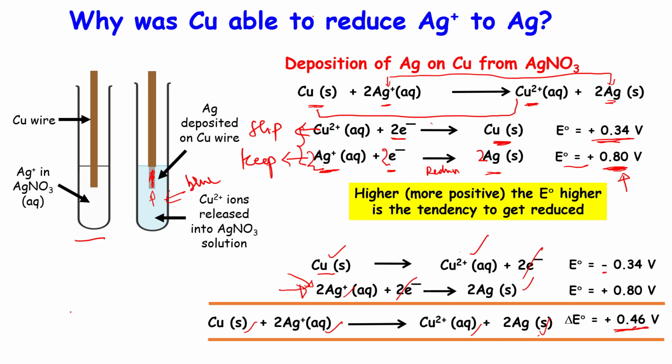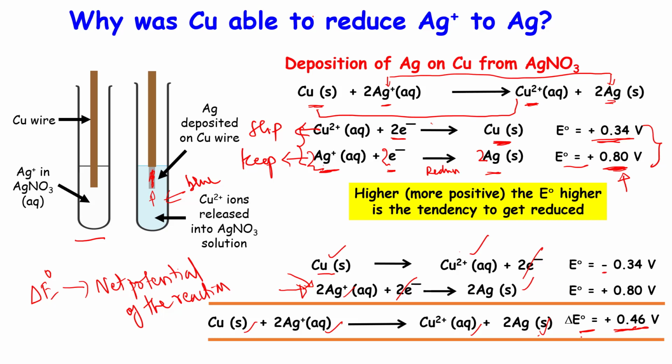So this thing that we are writing here, delta E naught at the bottom, is called the net potential of the reaction. These numbers that we are writing here are called standard reduction potentials for the half reactions.